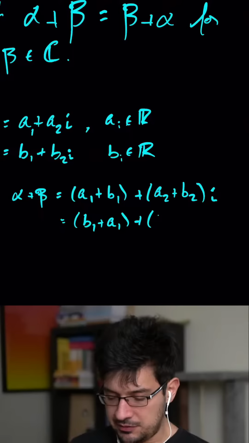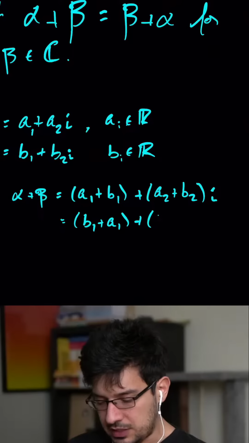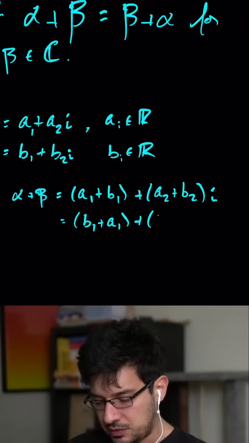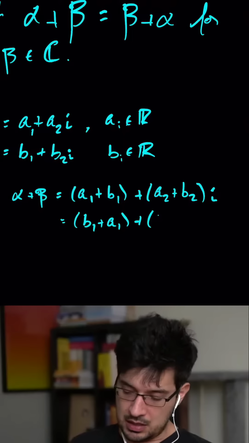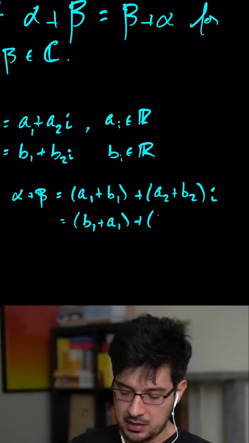By the commutativity of addition in R, this is the regular old addition that we all know and love in the real numbers, a plus b equals b plus a.